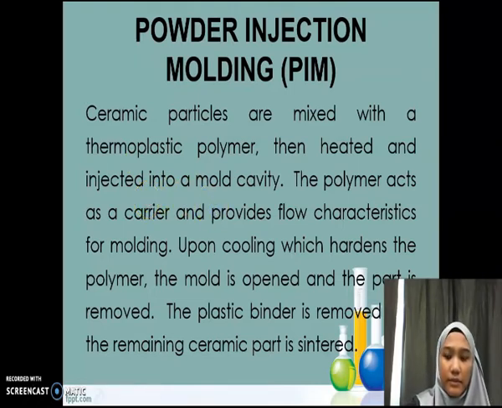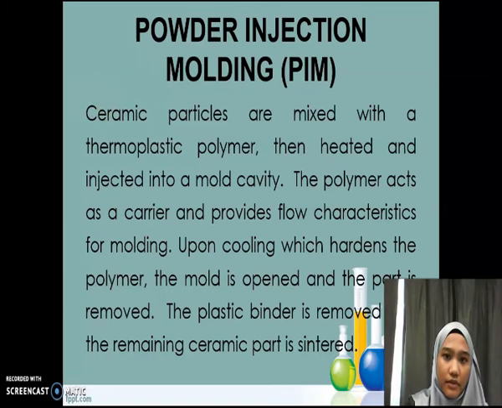The polymer will act as a carrier and make the raw materials flow into the mold. Upon cooling, which hardens the polymer, the mold is opened and the part is removed. Then the plastic binder is removed and the remaining ceramic part is sintered.